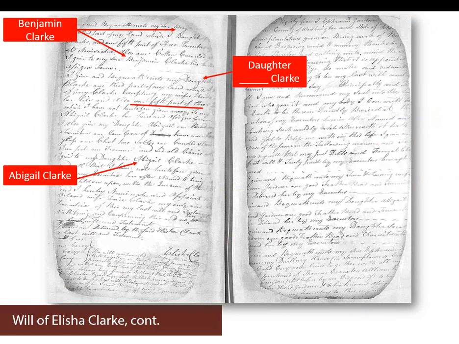We see a Benjamin Clark who is mentioned, and you can see I highlighted him twice because at the top, he kind of gets, he's in that corner section that's disappeared, and then he is further on down spelled out, so I can say with certainty that it is him because I can tell that the top was the BENJ, the start of Benjamin. And then there is a daughter who unfortunately doesn't have a name in this, again, because hers has disappeared, and then a daughter named Abigail Clark that I have highlighted.